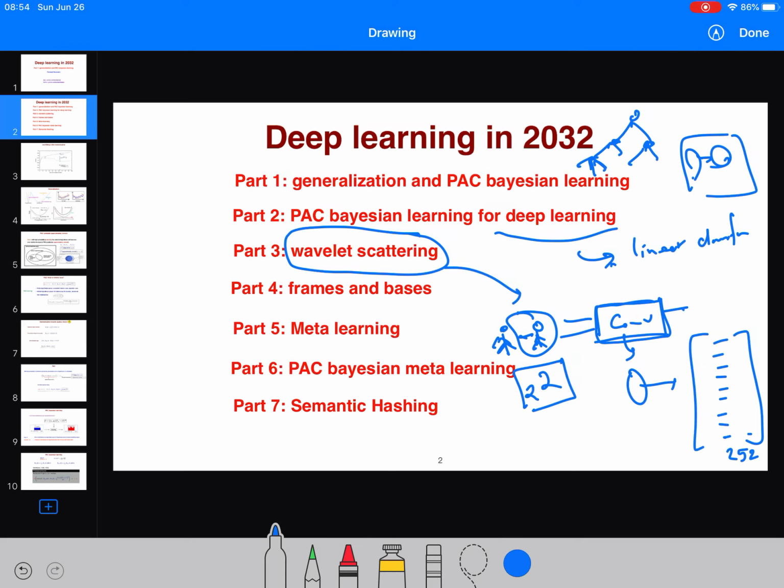I will explain it in part 3. So instead of just writing articles about group equivariant convolutional neural networks and everything that is invariant to transformation, rotation and deformation, we can just use wavelet scattering. And this does everything for us because Stéphane Mallat has proved that.